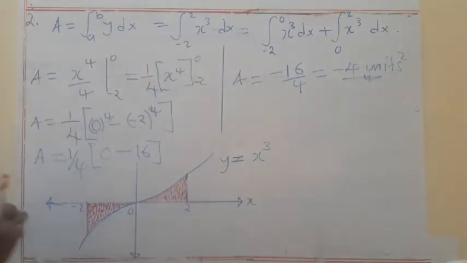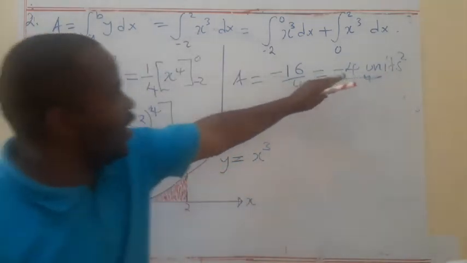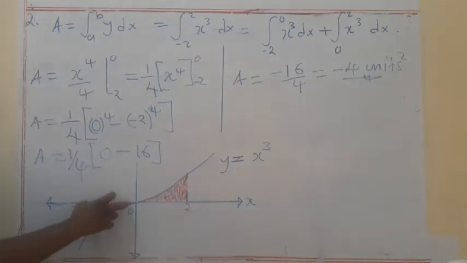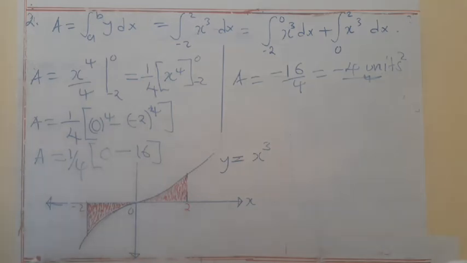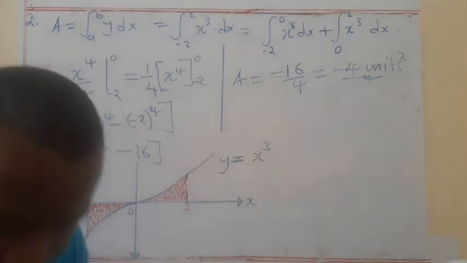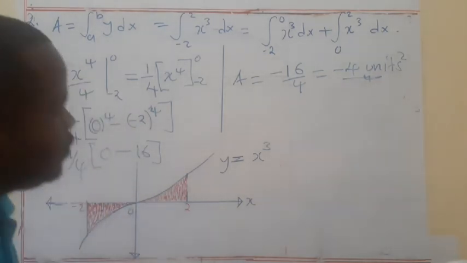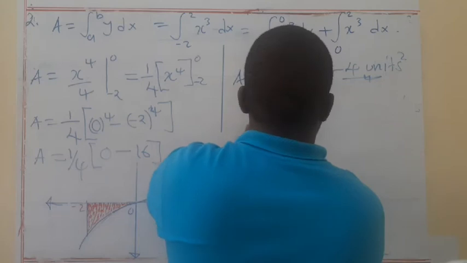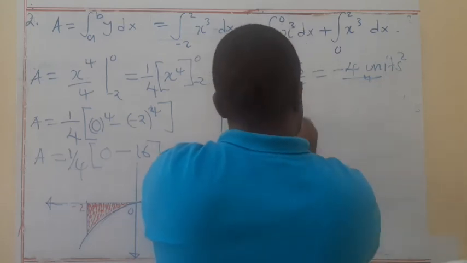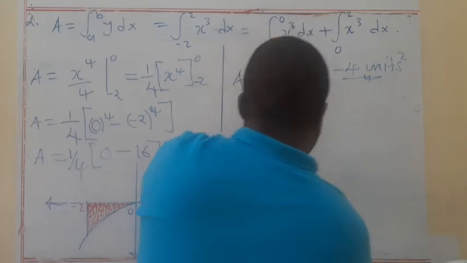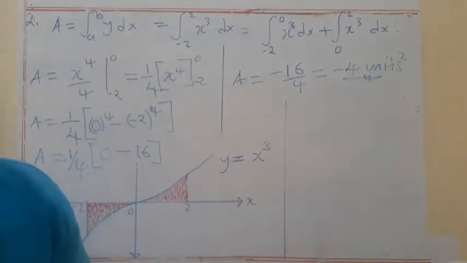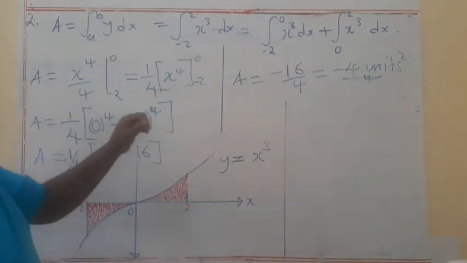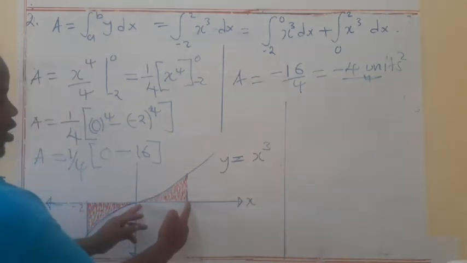Alright? What does that mean? This is what I was talking about. So this is negative. Just trying to tell you that the area that we are dealing with here is below the x-axis. Okay? So now we can get the area of this region.